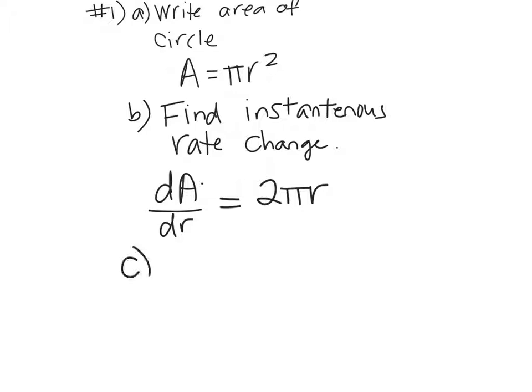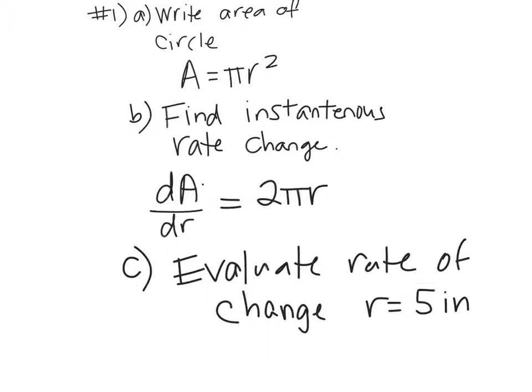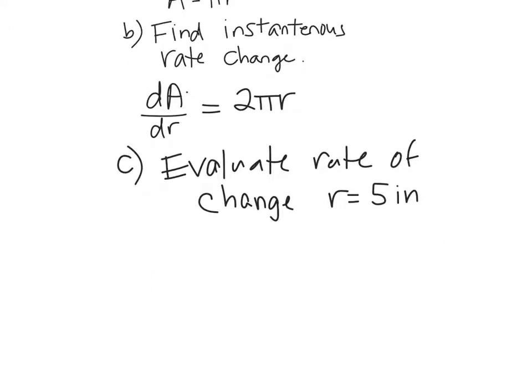Okay, letter C. Now we're going to evaluate the rate of change at a specific value. Evaluate the rate of change when the radius is 5 inches, when r equals 5 inches. Now make sure you use units here. I'm pretty particular about units. I will mark you off a little bit if you don't use the correct units.